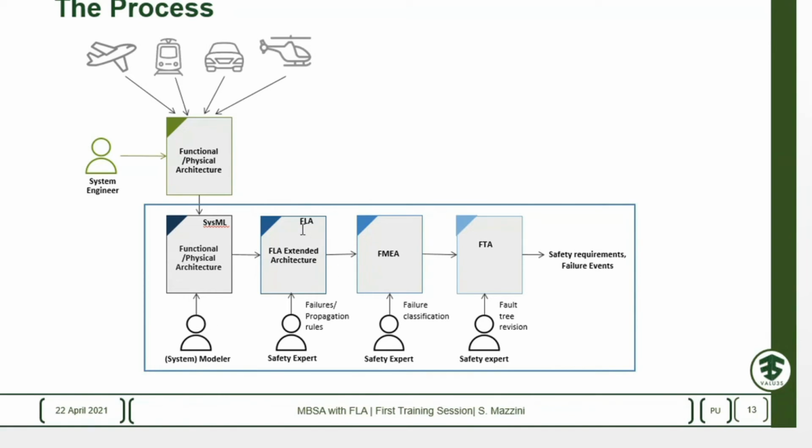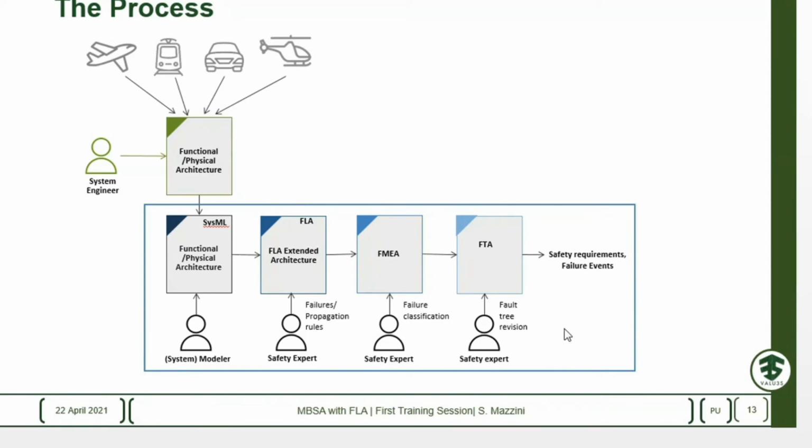And then the FLA, failure logic analysis, is applied in the extended architecture with the help of the safety expert. In particular, failures and propagation rules are defined by addition in the architecture, and then we are able to extract FMEA tables and complete them, and then generate fault trees.